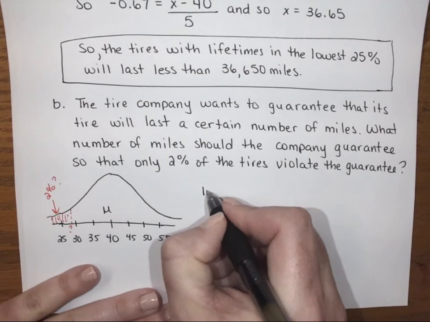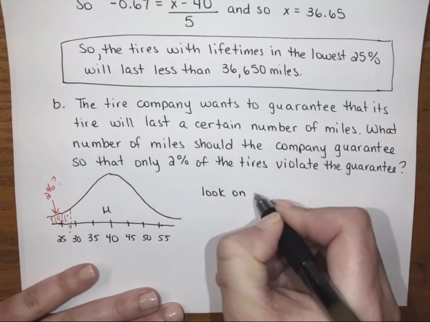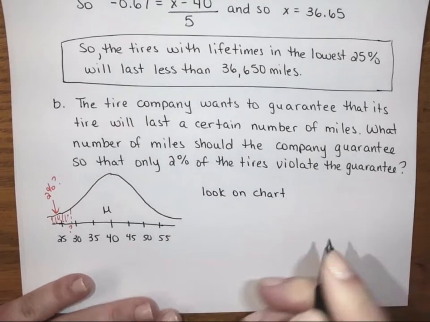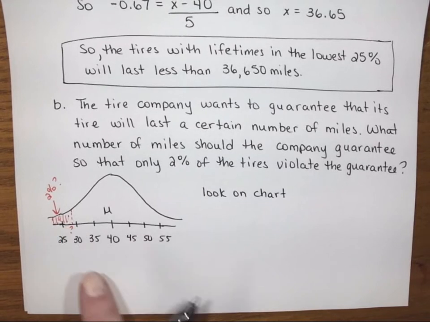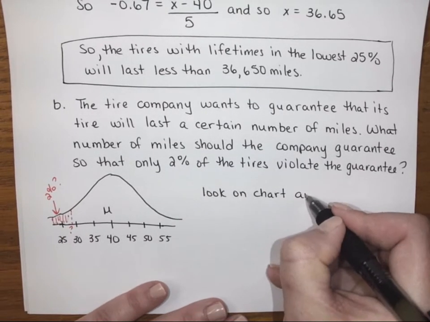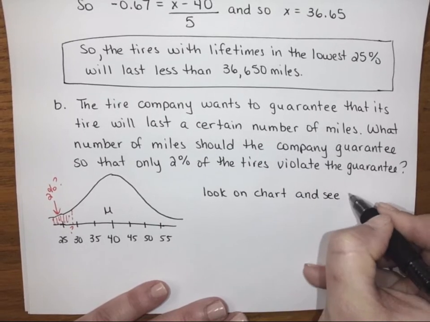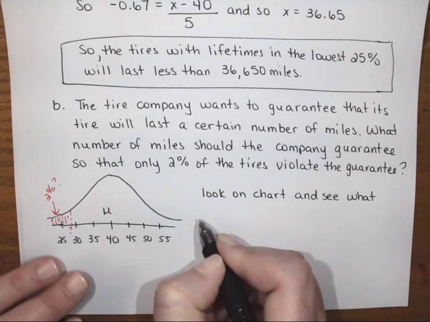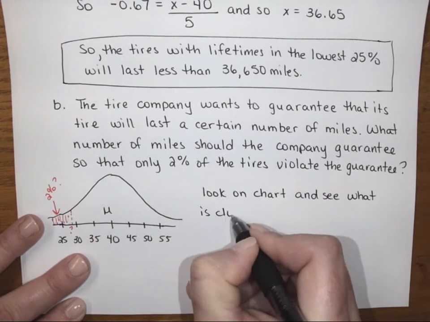Okay, so you're going to look on your chart because the chart already reads less than, right? So if we want less than 2%, then that actually works just great. So we're going to look at the chart and see what is closest to 2%, or 0.02.